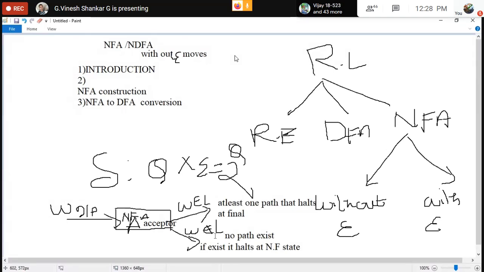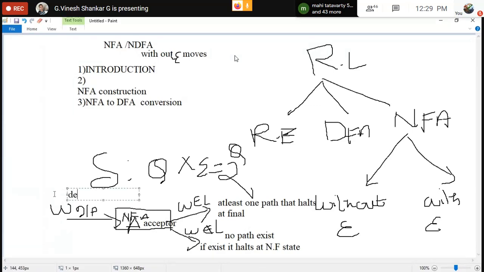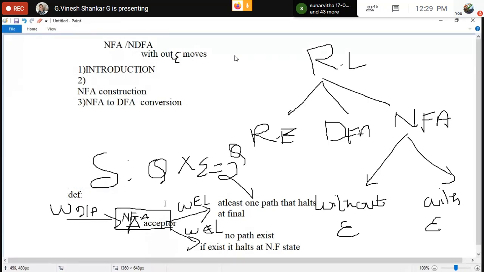And if it does not belong to L, it is an invalid string: no path exists, or if a path exists, it also halts at a non-final state. So that is the introduction to DFA and NFA. I hope this introduction is very clear. You can take this as the definition of NFA: if the string belongs, at least one path halts at final; if no path exists, or if it exists, it halts at a non-final state.